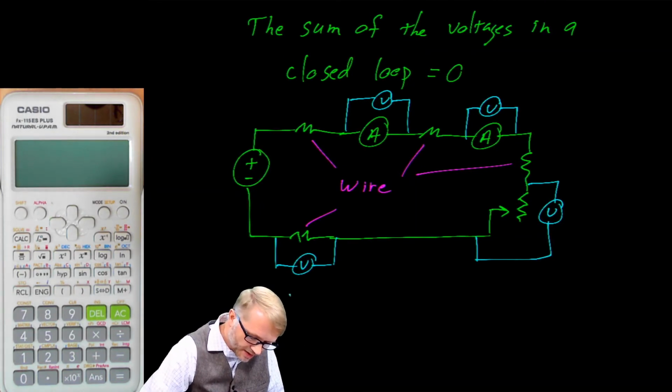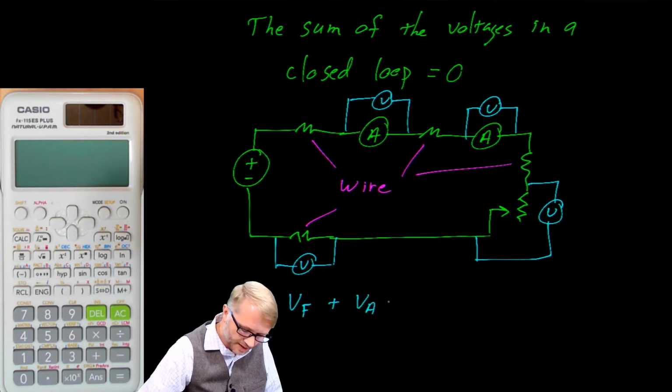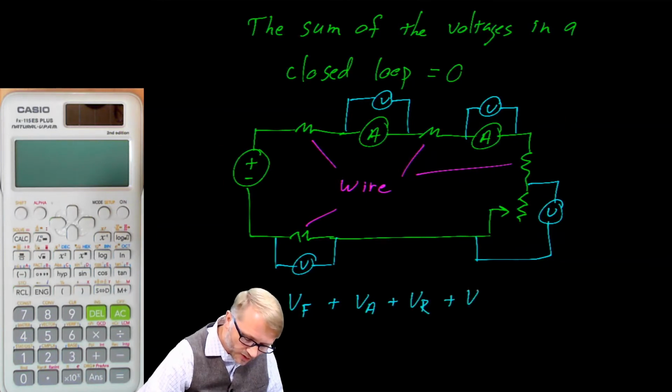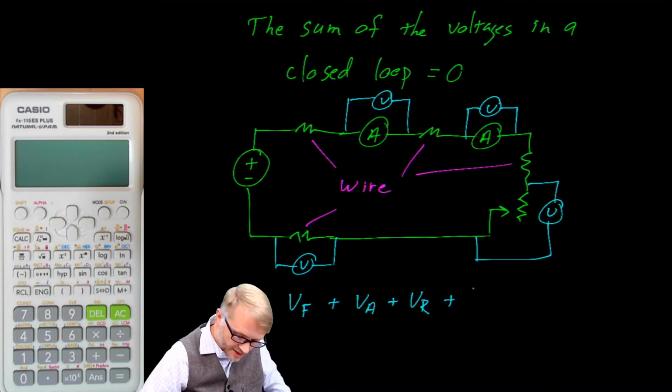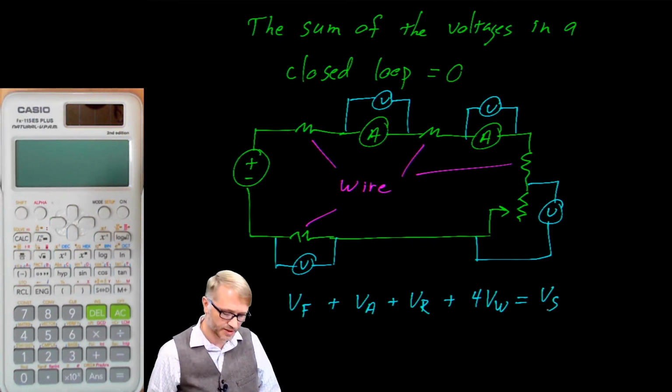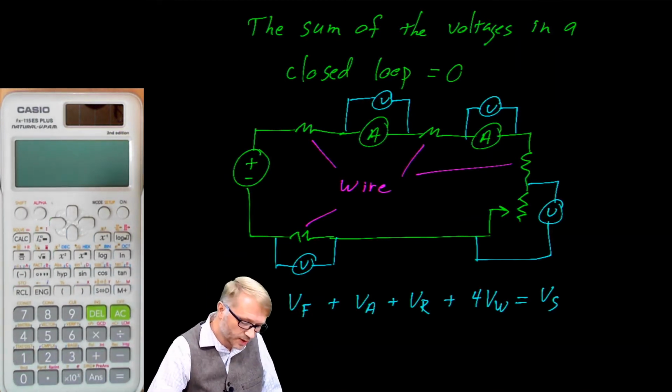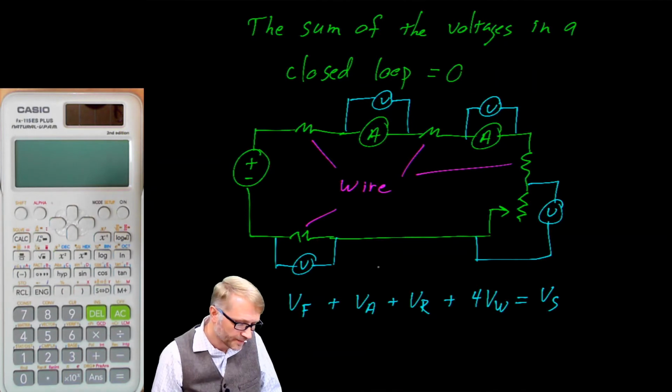You said the voltage on the Fluke meter plus the voltage on the analog meter plus the voltage on the rheostat plus 4 times the voltage on a wire is equal to the supply voltage. Because what we did is we went in an entire loop here, and we declared that the voltages in a closed loop equal 0.